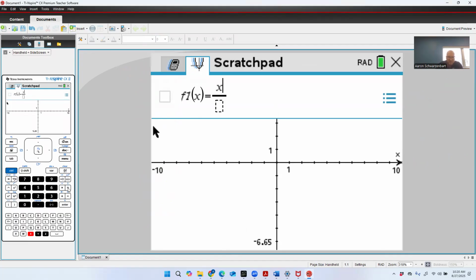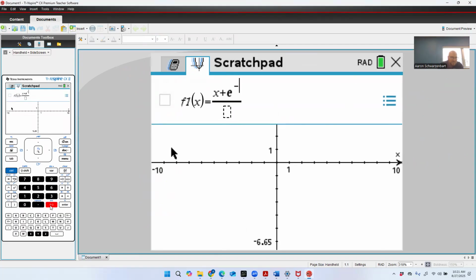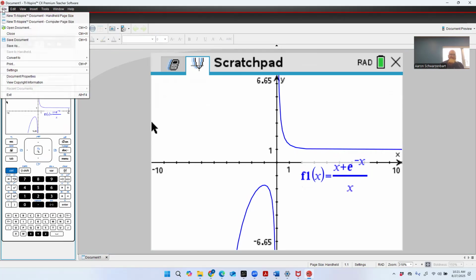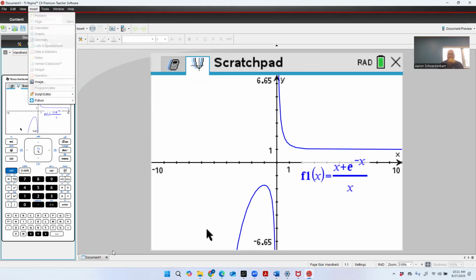I'm going to enter this x. And if we look at this, we could see that as I go to infinity, it was going to 1. Here, I'm actually going to negative infinity. Oh, I missed something when I wrote this up.